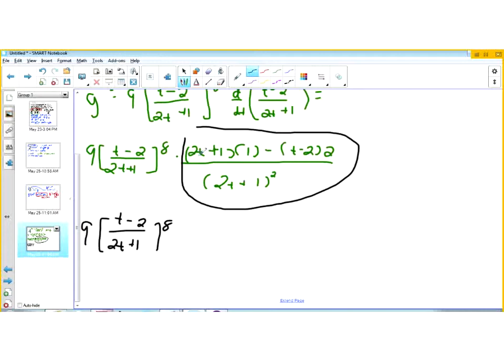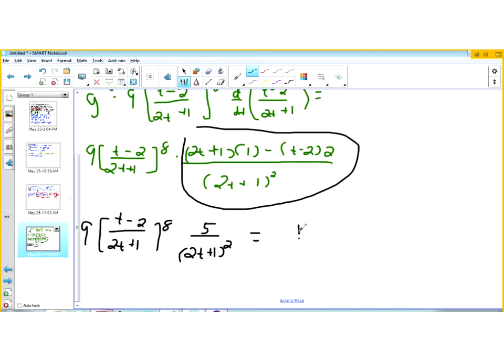And in the numerator here we're left with 2t minus 2t, so that would cancel, and this would be 1 plus 4, so that's 5, over 2t plus 1 squared.